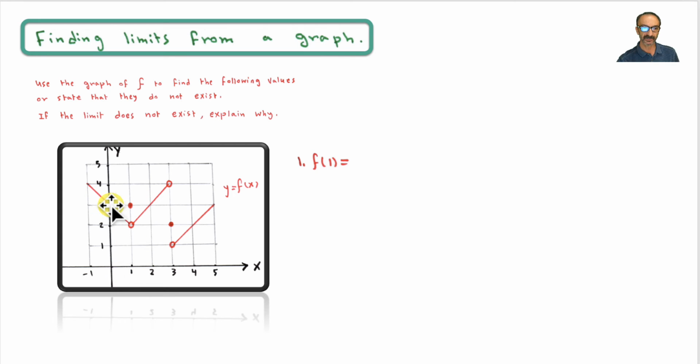So f of 1 equals 3. Now let's try to approach 1 from the left. We're going to be going down this way. And approaching 1 from the right, we are going to go down this way. So let's see. f of 1 is right there, 3. Limit from the left. What do you think?